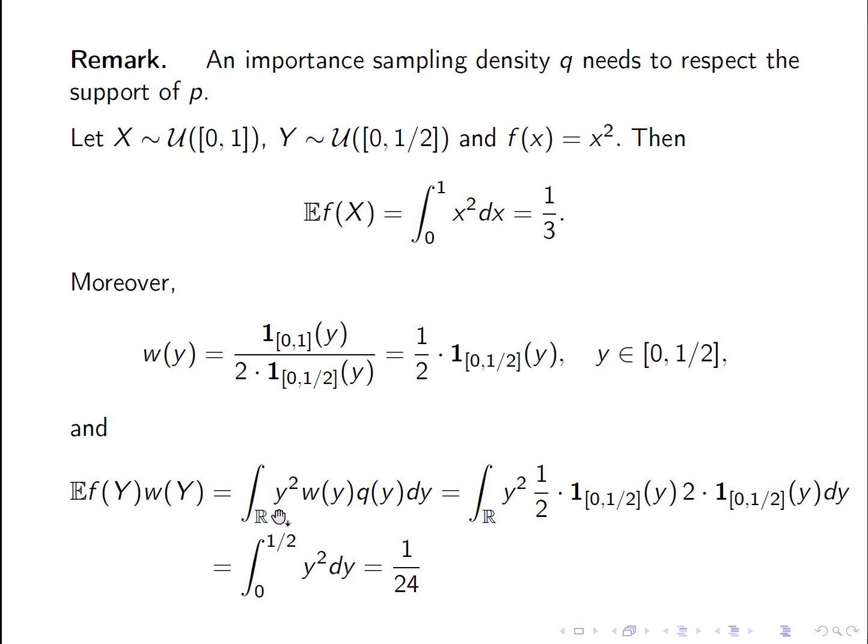So this is the integral over R of y squared w squared q of y. So y squared remains, while we plug in our weight w and the density q, 1/2 times 2, but that doesn't really help because we are only integrating from 0 to 1/2. And so we end up with the integral from 0 to 1/2 of y squared dy, and this is just 1/24 instead of 1/3. So the importance sampling density q needs to respect the support of p.